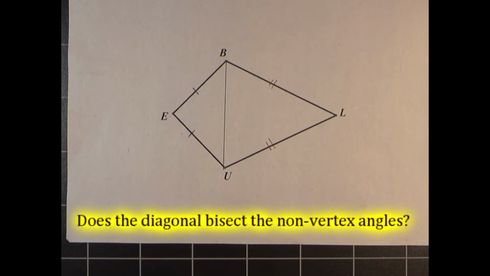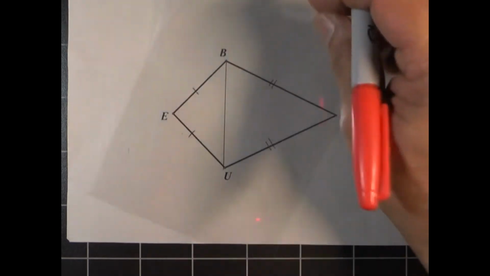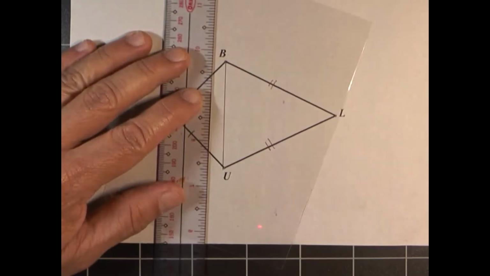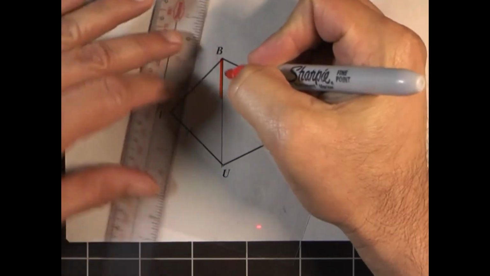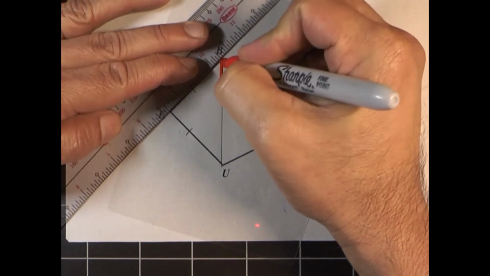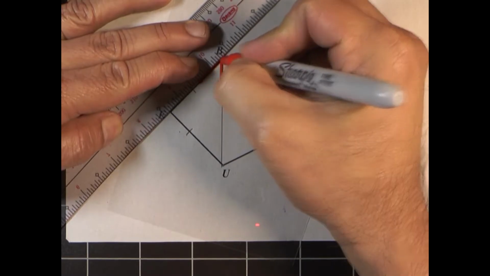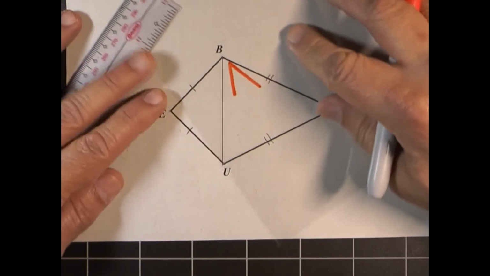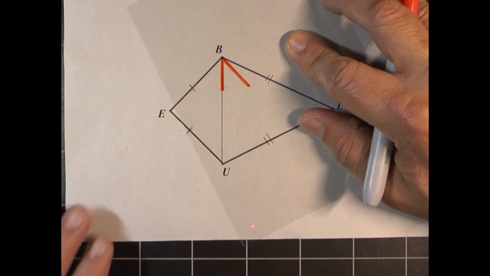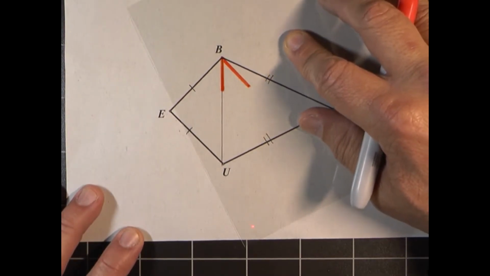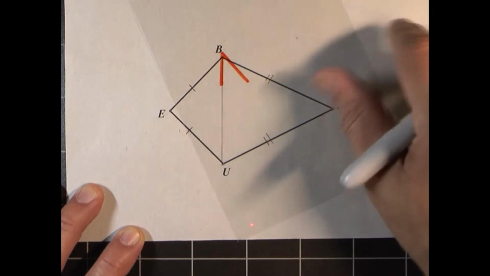Does it bisect the non-vertex angles? Let's check. Now let's compare. Definitely, the diagonal does not bisect any of those angles.